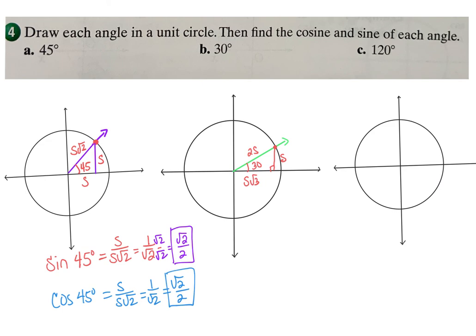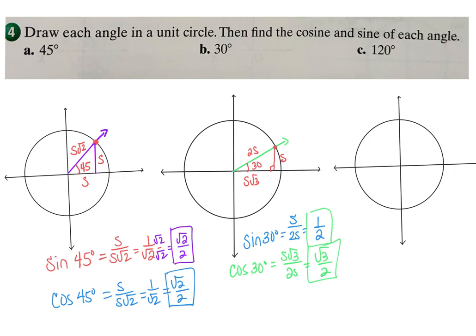So if I do my sine of a 30-degree angle, I'm going to say opposite s over 2s, which is 1/2, right? If I do my cosine of a 30-degree angle, I'm going to say s square root of 3 over 2s, which is going to reduce to square root of 3 over 2. And that is my sine and cosine of a 30-degree angle.